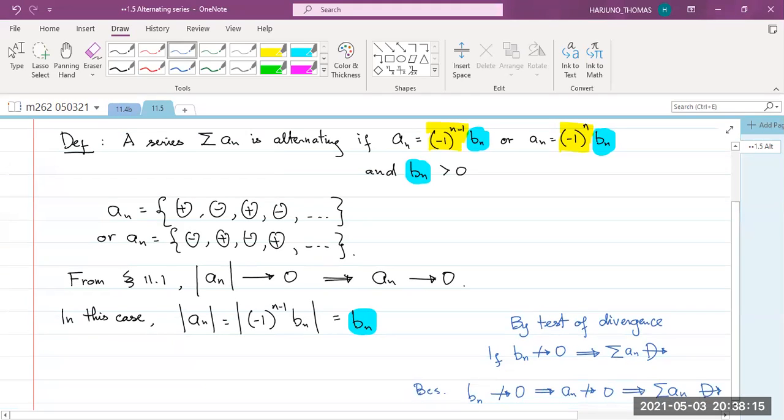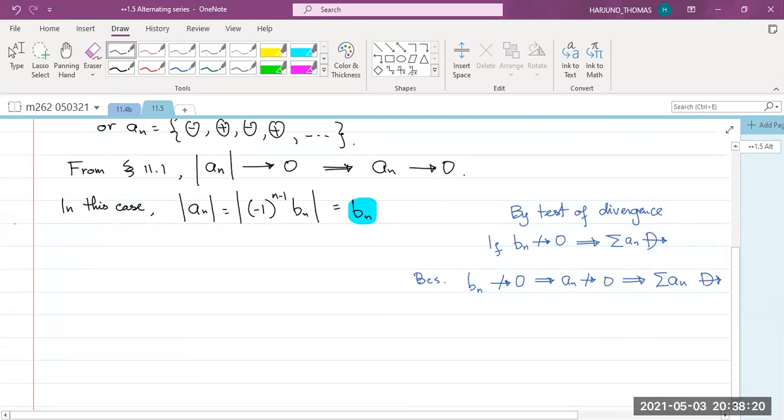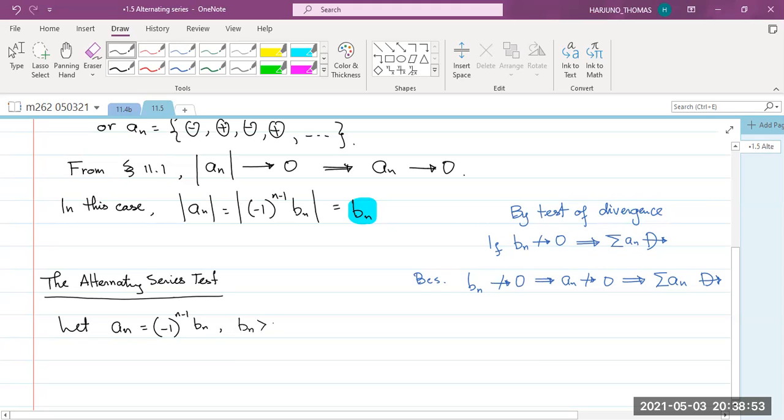Now we have alternating series tests. Next one, the alternating series test. Let A sub n equal (-1) to the n minus 1 times B sub n, where B sub n is positive.